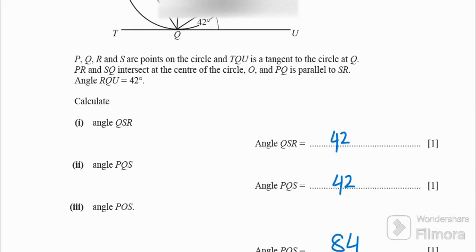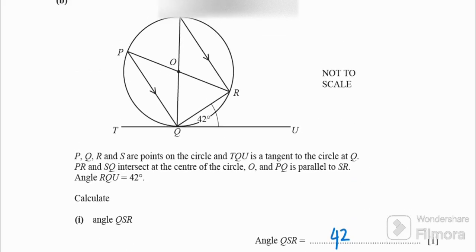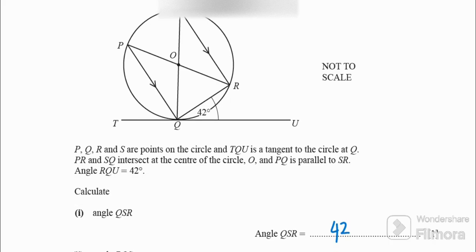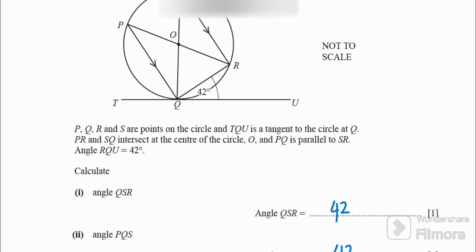Then angle POS. Once we have this as 42 degrees and this as 42 degrees, we will add 42 with 42, which will be 84.